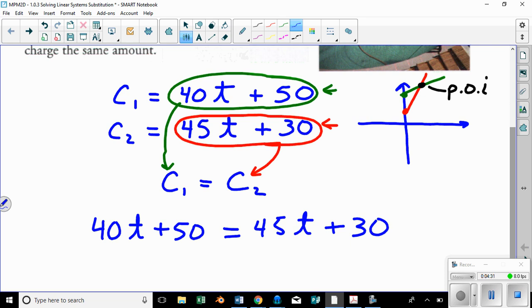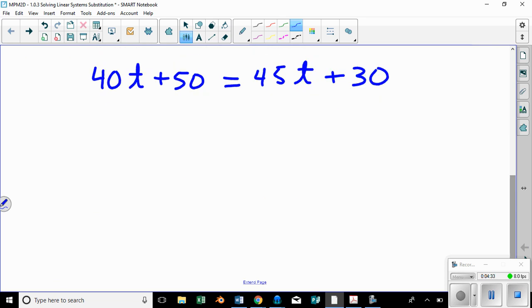And now with a little bit of algebra, we can get the t value isolated. So I'm going to subtract the 40t on the right, so we get 45t minus 40t, which is 5t. And I'm going to subtract the 30 on the other side, so we get 50 minus 30, which is 20.